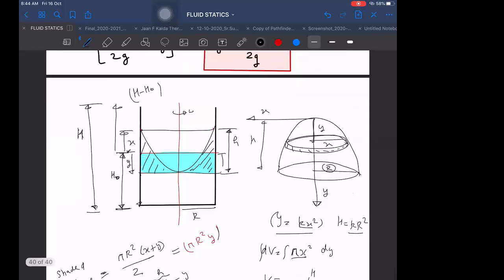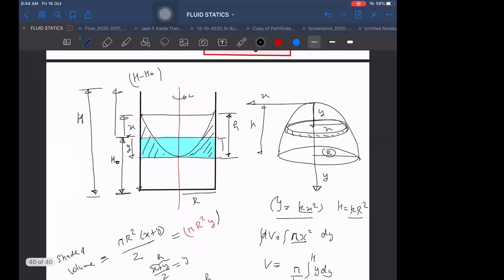Now sometimes they may ask this question: whether the water will spill first or whether the water will touch the base first. What will happen first? You can tell by which the level is closer to. If it is closer to the top, then it will spill first. If the level is closer to the base, then it will touch the base first.